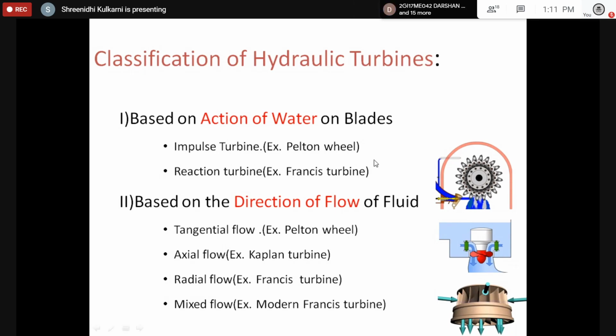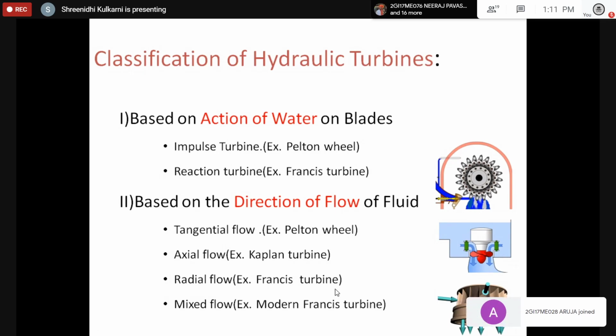Another one is mixed flow. Mixed flow is where the inlet is axial flow and the outlet is radial flow, or vice versa.